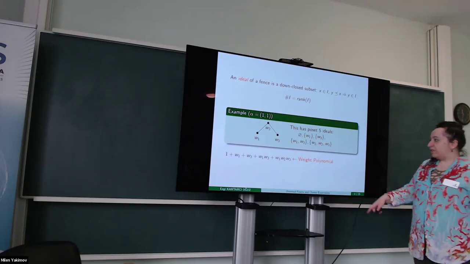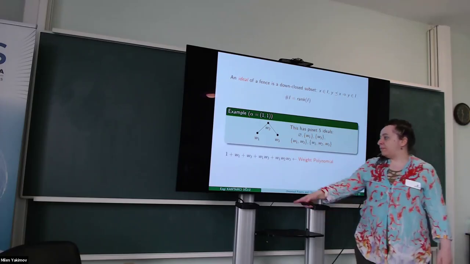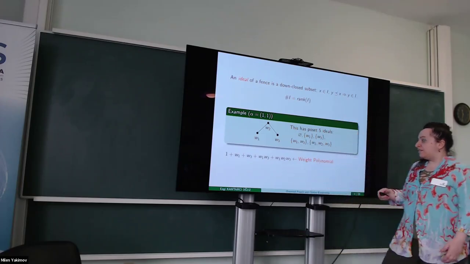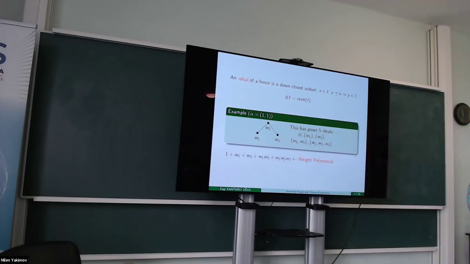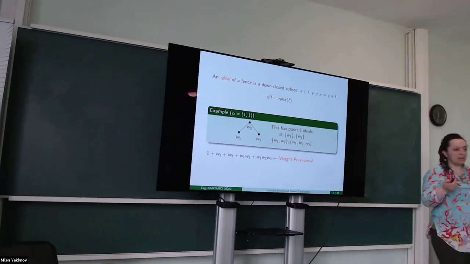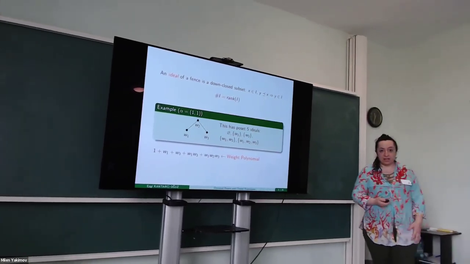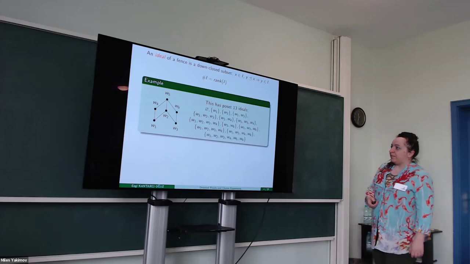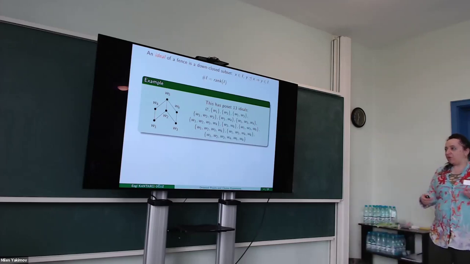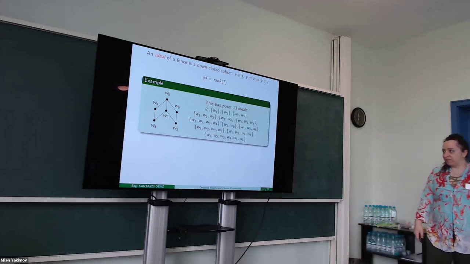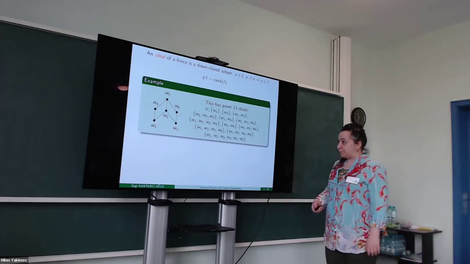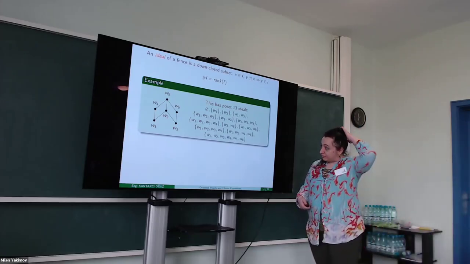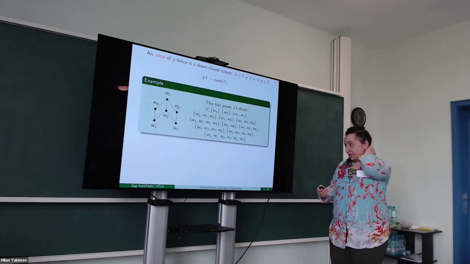And we can think of these as monomials and sum them up to get the weight polynomial of the poset. We can think of it as a kind of generating polynomial of the ideals. And if you have a more complicated poset, you'll have more ideals, but it's the same process.